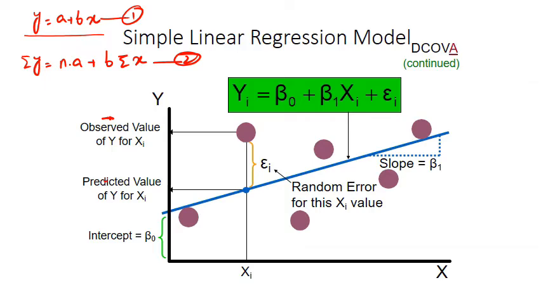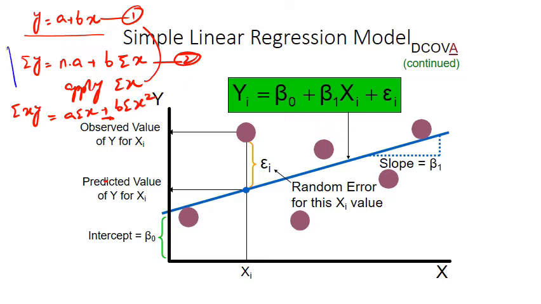Now I apply sum of x on this first equation. When we apply sum of x, it will become sum of xy equals a sum of x plus b sum of x squared.